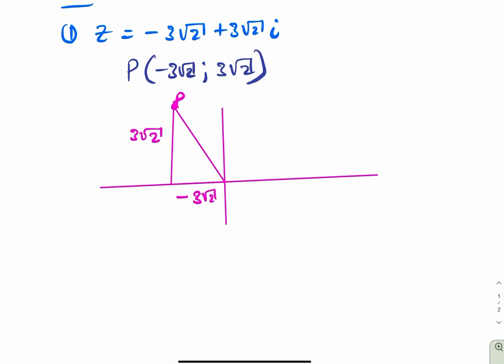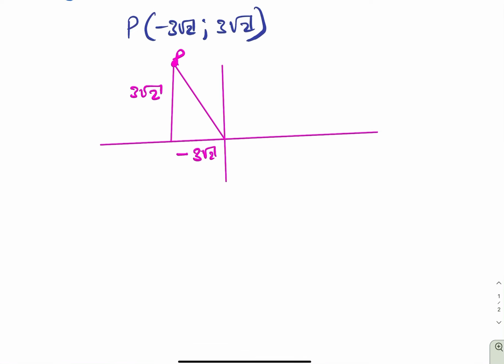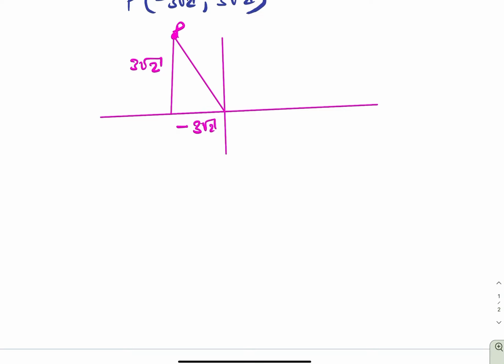We need to get this particular length right here. You can use Pythagoras' theorem to do that. Therefore our r is equal to the absolute value, which is positive, because the length of the hypotenuse is always positive.